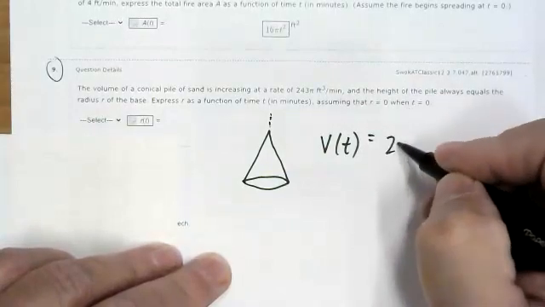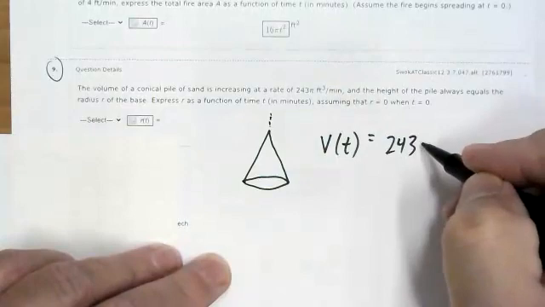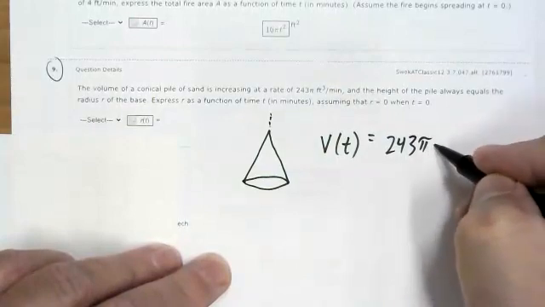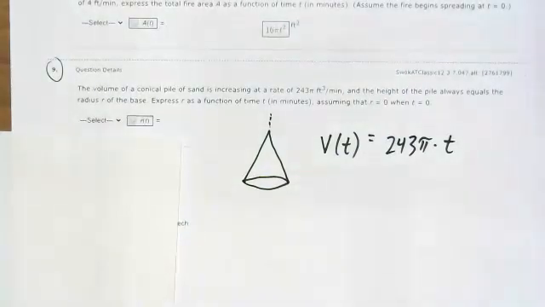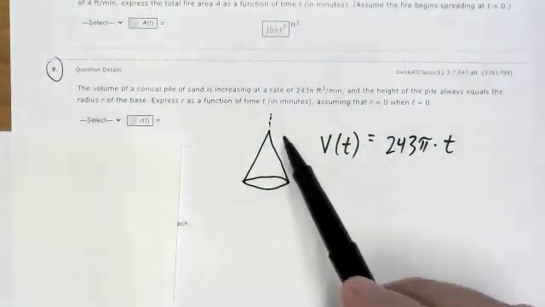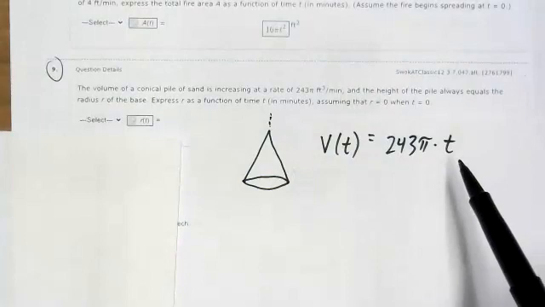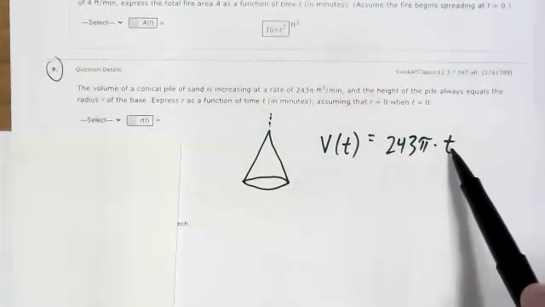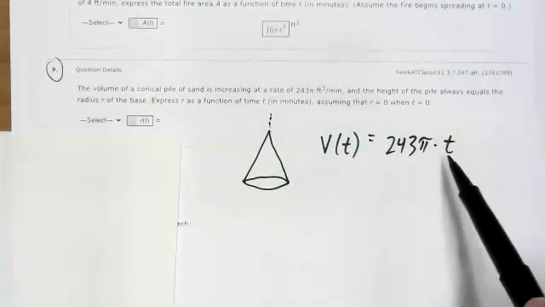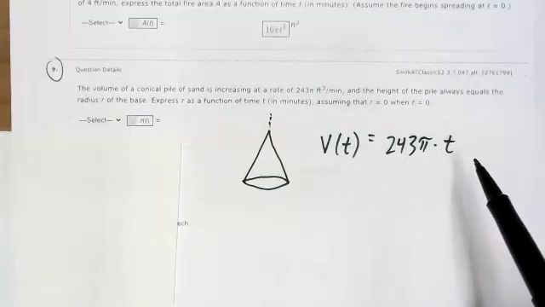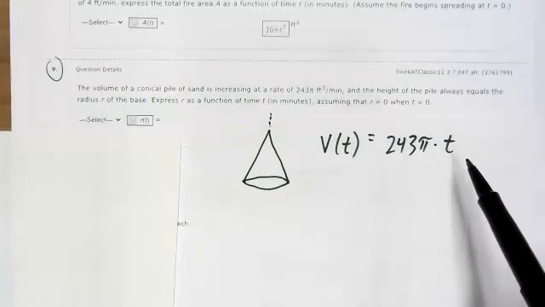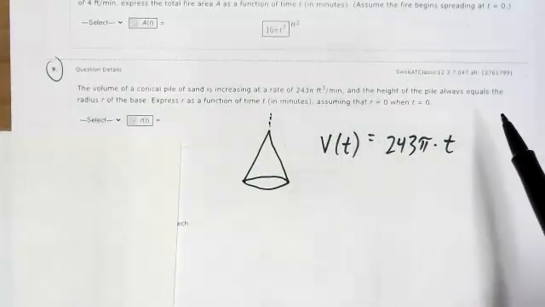So I can write that as 243 pi times t. That's what that sentence is saying. If you want to know the volume of this cone here, you plug in the time and I can tell you the volume, because the volume is always changing. It's going to be dependent on how much time has passed. So that's what this sentence is saying.